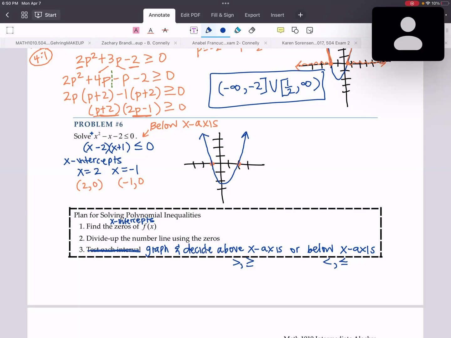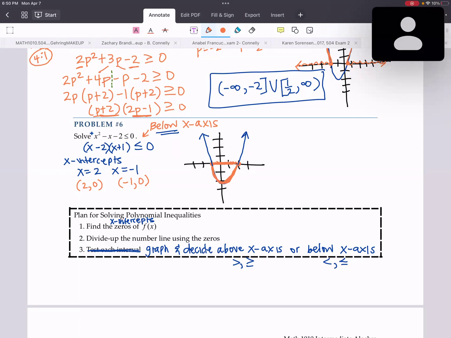And since it was a less than, we want below the x-axis. And so that's all of the stuff in between here, right? And our x values for that are all of those things in between my parabola. So when I write this down, I want the stuff that's just in between here, because that's the part that corresponds with the bottom of this parabola.